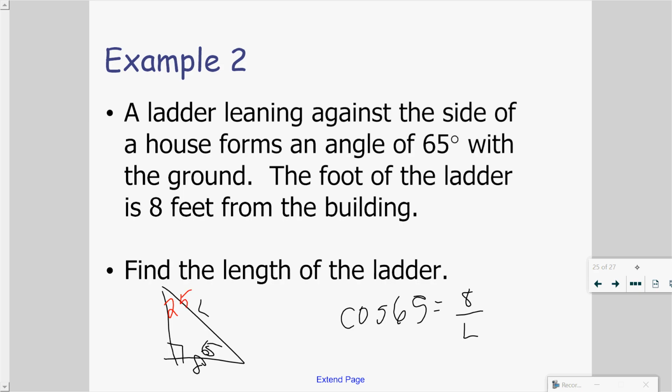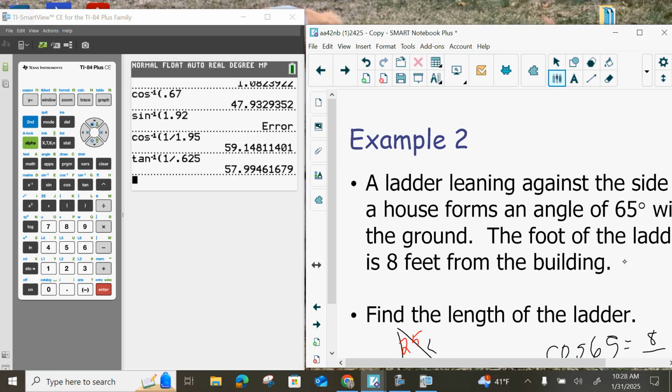If I find the complement, then I could use sine. So the ladder's going to be 8 divided by cosine of 65. Make sure you're in the correct degree mode. You get 18.930, right? Is that good?